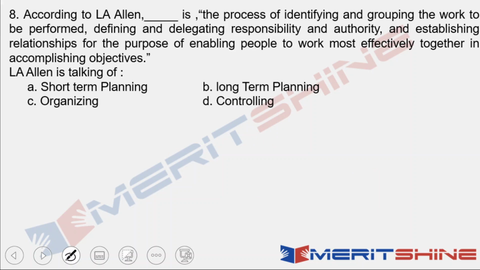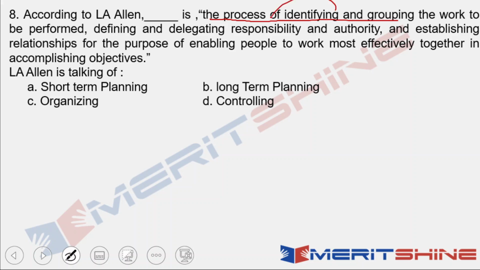Done. According to L.A. Allen, those who have studied would know, he had defined something. And what did he define? Even if you don't know what the question is about, you can go through what has been written.